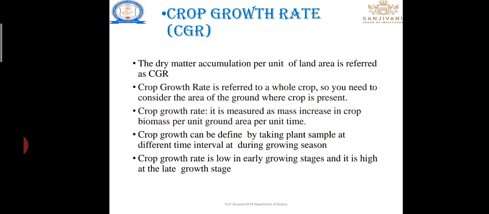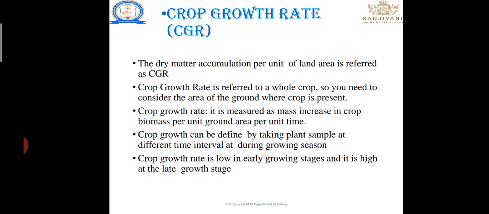Next parameter is CGR, crop growth rate. The dry matter accumulation per unit of land area is referred to as CGR. Crop growth rate refers to the whole crop, so we need to consider the area of ground where the crop is present.